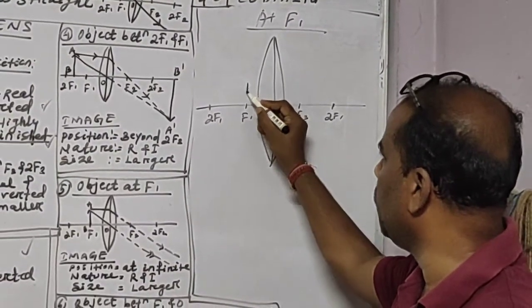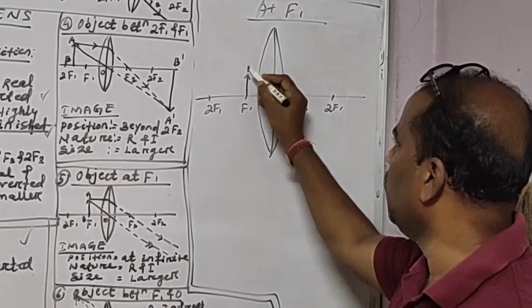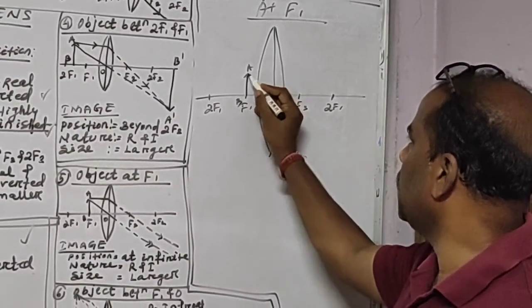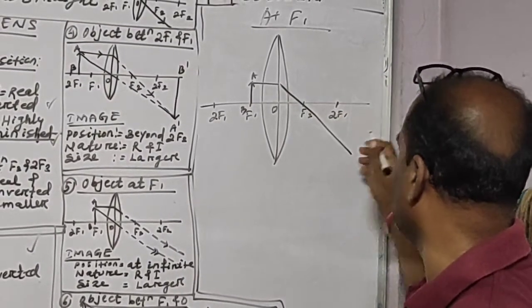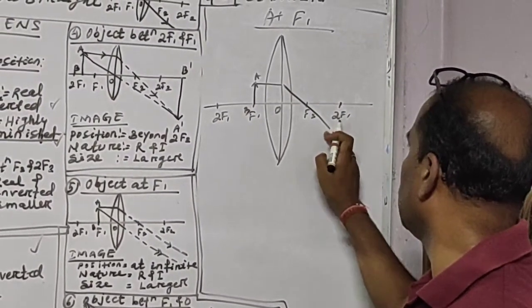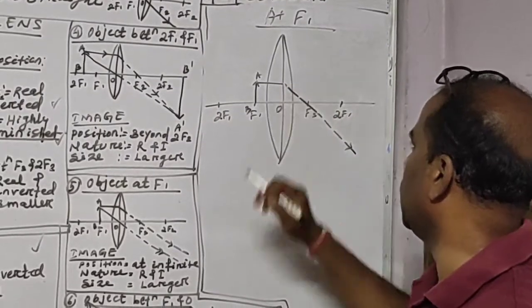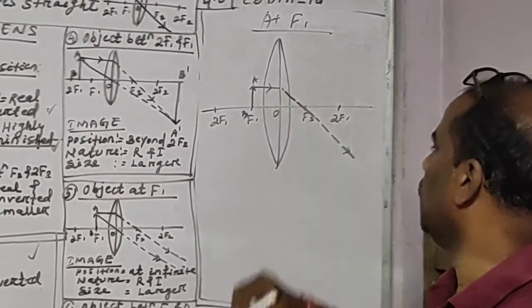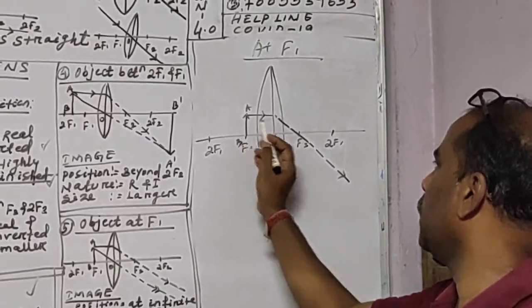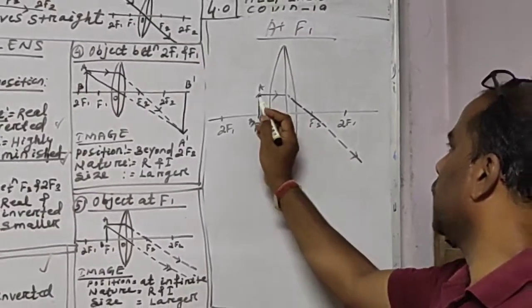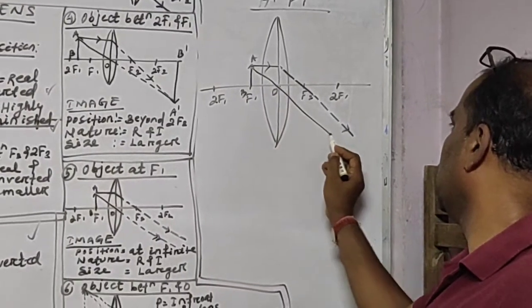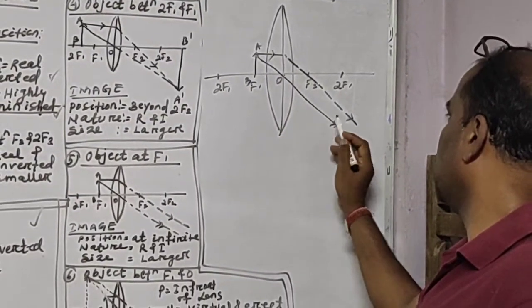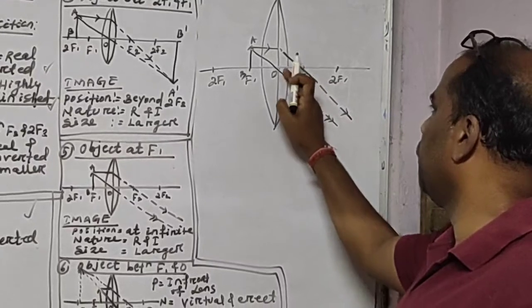So now we have placed it here at f1. Name is AB. Now the first ray is parallel, it will pass through the optical center. Now the second ray goes through the f2, then the second ray goes through the optical center. Now this is the refracted ray.